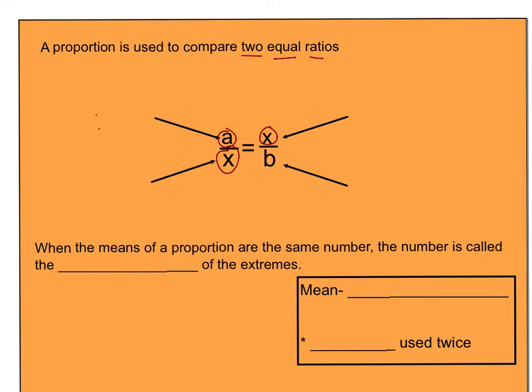We call the x's the means, and the other ones are called extremes. Now when the means of a proportion are the same number, the number is called the geometric mean of the extremes.